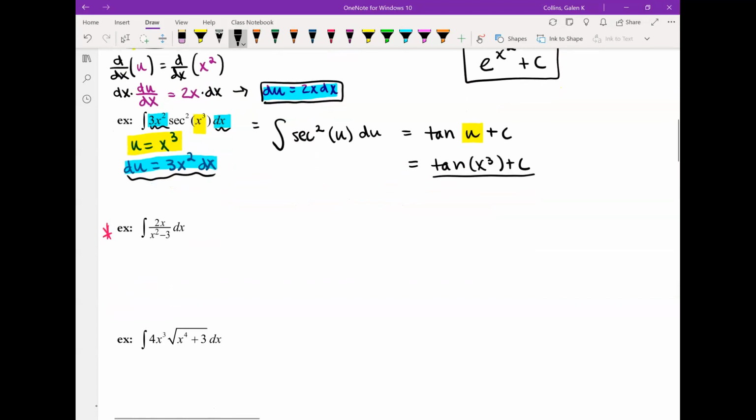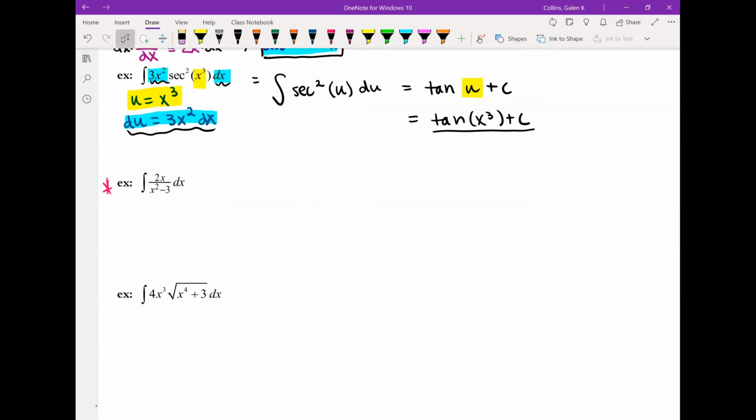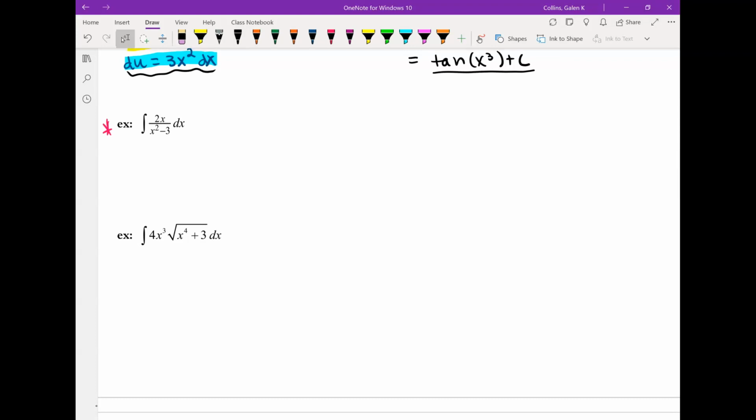All right, the next example, I want us to look at the indefinite integral, but then we're going to go out to the side and look at what happens when we use substitution with a definite integral, and that will help you in some of the practice problems that we associate with this unit. Okay, so first of all, when we have a fraction, it might be hard to figure out what u is, but I know that I need a du in my integrand as well.